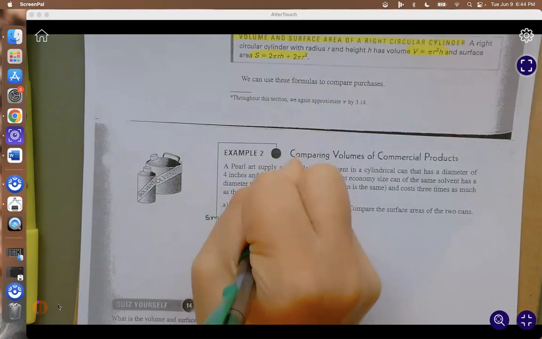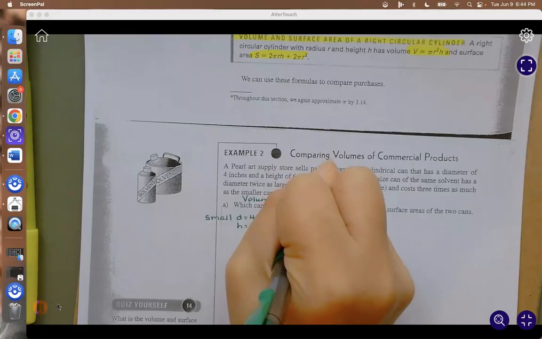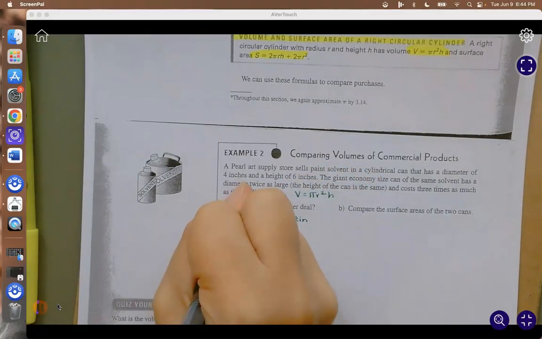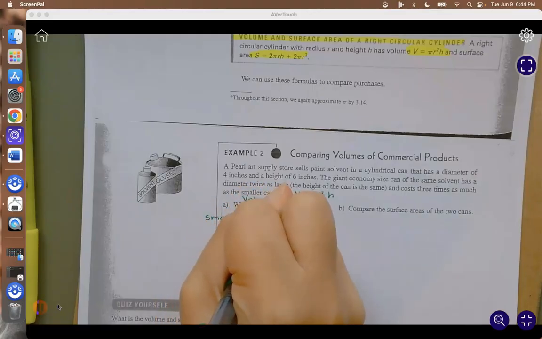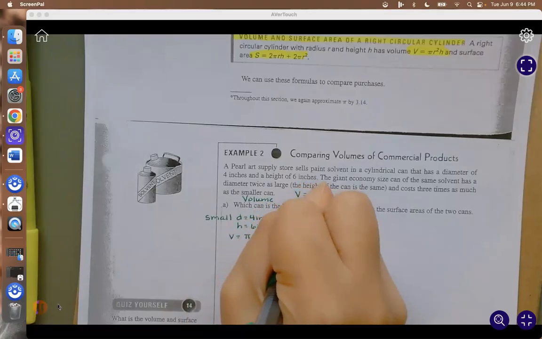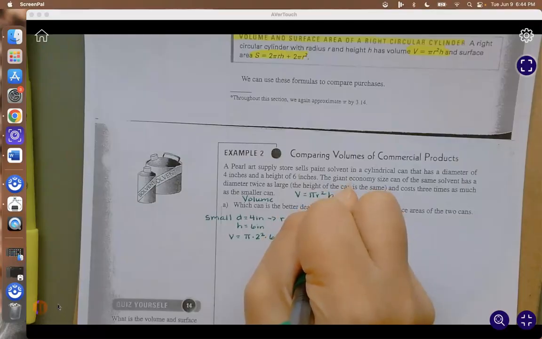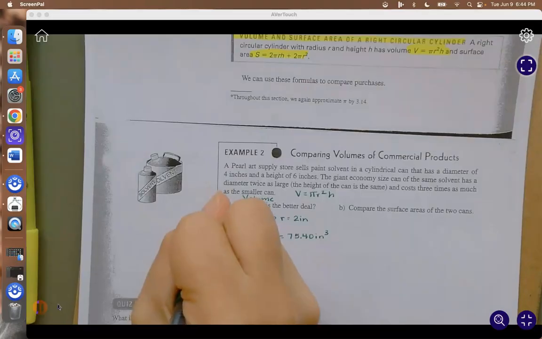Well, we only need the radius, and the radius is half the diameter, so the radius here is 2 inches. So volume equals pi times 2 squared times 6, and that's 75.40 cubic inches.